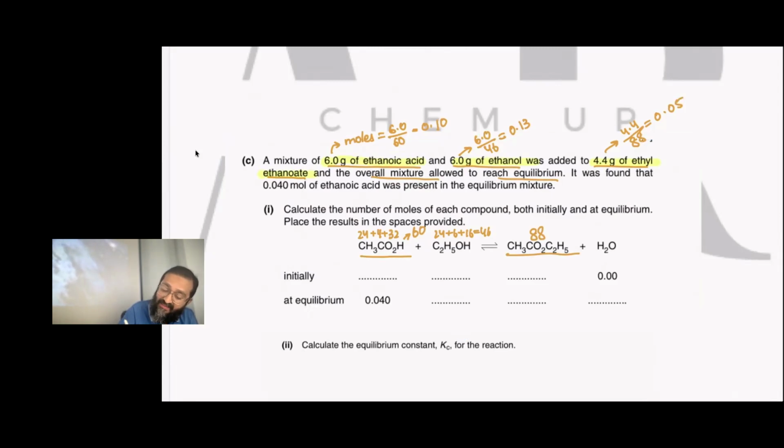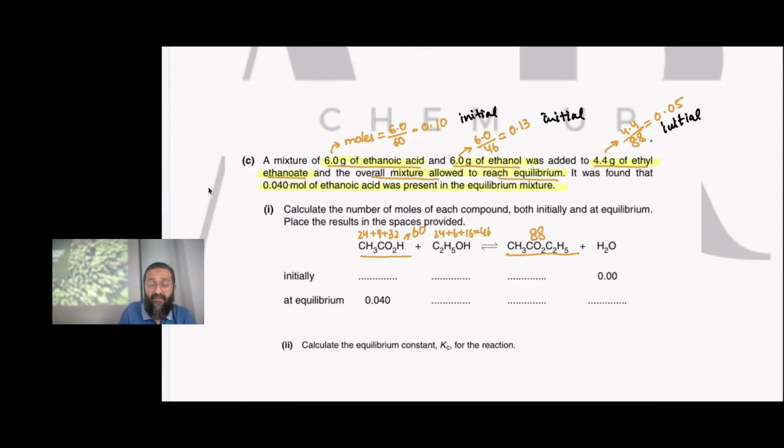So it means these are the initial values, the initial moles of all of them, because these are allowed to mix with each other, isn't it? The overall mixture is allowed to reach equilibrium. Then after these have been mixed, the equilibrium has been established. It was found that 0.04 moles of ethanoic acid was present in equilibrium mixture.